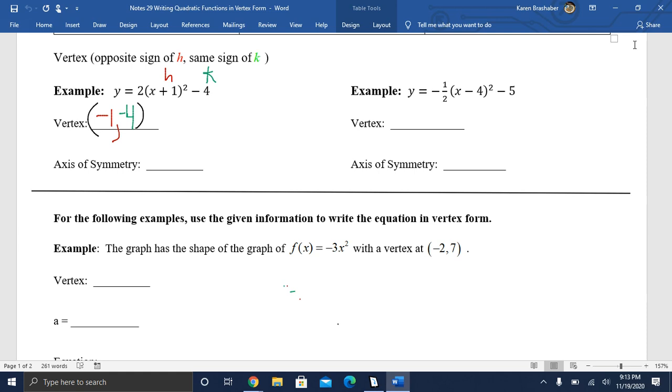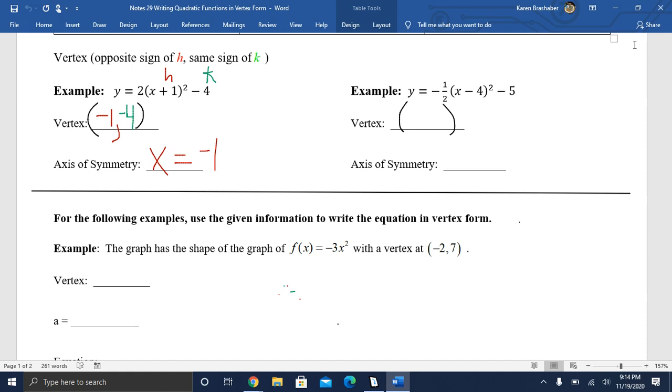And then the axis of symmetry. Now, pay attention on Math Excel: if it gives you the x equals already, then you don't need to put it again. But if it asks for you to type an equation, the axis of symmetry is x equals the x out of the vertex. So if the x equals is already there, just put the number. Otherwise, you'll need to put the equation. And then we have your second example.